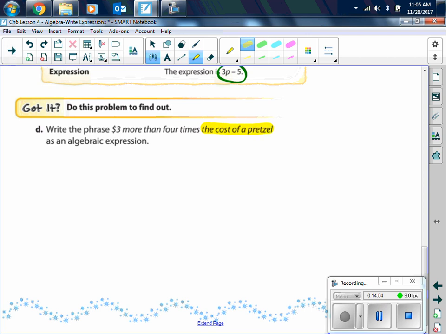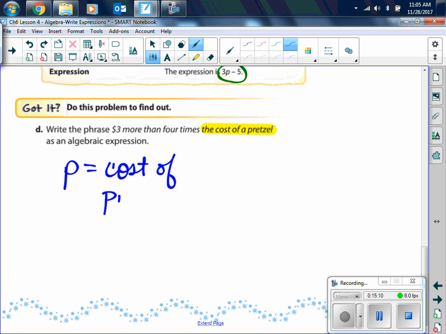So, what's the variable you want to use? C for cost or P for pretzel? P for pretzel. Whatever you want. P, let's say, cost of pretzel. Okay? That's the cost of the pretzel P, right?